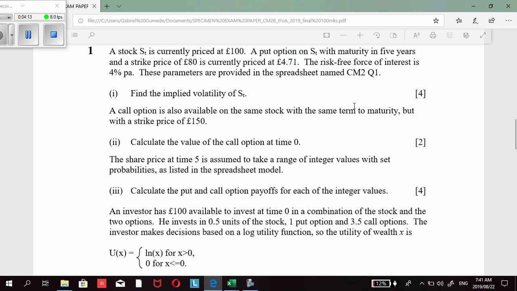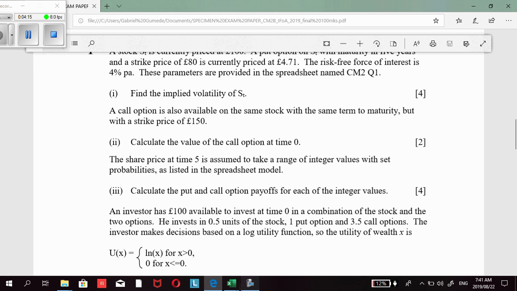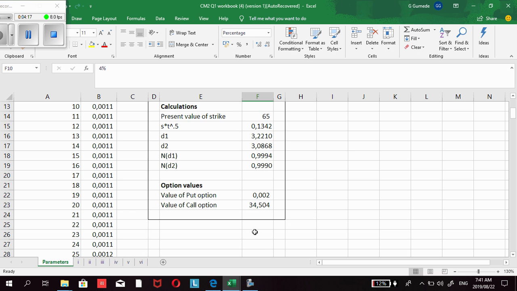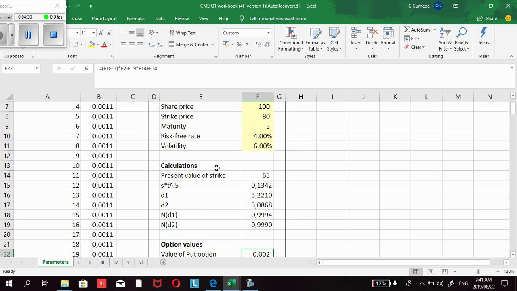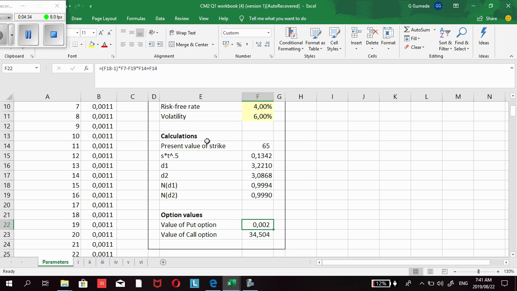You are given the price of the put option to be 4.71. So let me do this: I want the put option to be 4.71 and see the corresponding volatility. So I'm going to use goal seek.